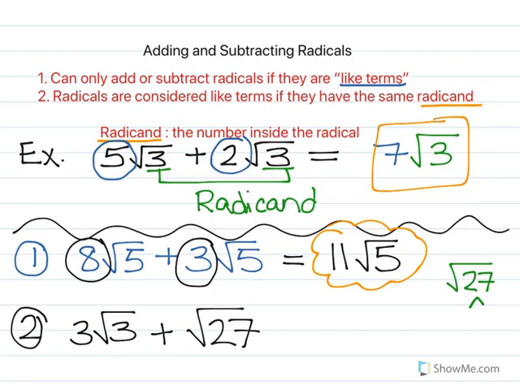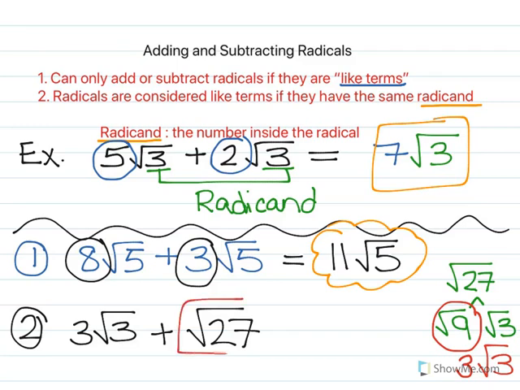So, since we want them to add together, if we break down radical 27, we should get factors of radical 9 and radical 3. 9 is a perfect square. The square root of 9 turns into 3, and we bring down the radical 3 that we can't simplify any further.